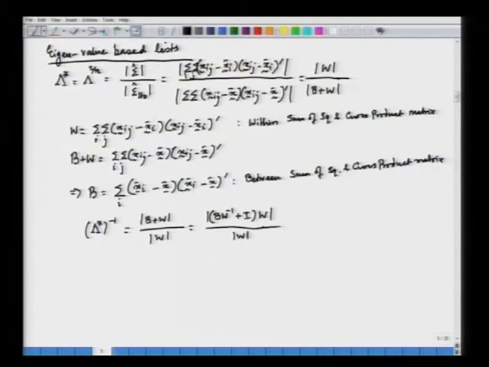Since determinant of AB is determinant A times determinant B, we simply have this as determinant of BW inverse plus I, and we have determinant of W by determinant of W, which is now giving me the determinant of BW inverse plus I. I have a matrix here, no longer a ratio, I have a simple determinant. Now, W inverse exists because W after all gives the MLE of sigma, so the determinant is not 0 and the inverse exists.